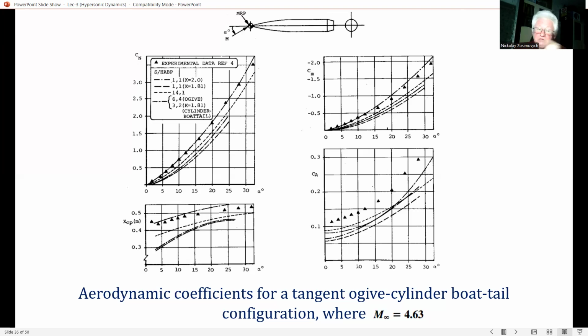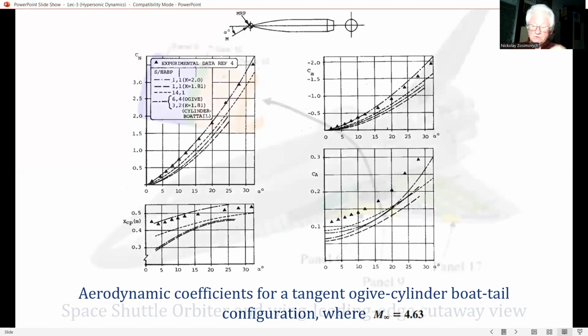Also, we should keep in mind that the result shown in this diagram, for Mach number 4.63, is a relatively low Mach number for applicability of the local surface inclination methods discussed in our lecture. Generally speaking, classical or typical hypersonic flow means a Mach number higher than 5, okay?